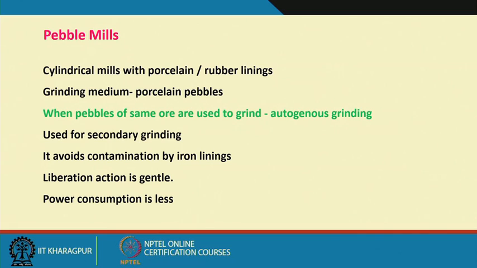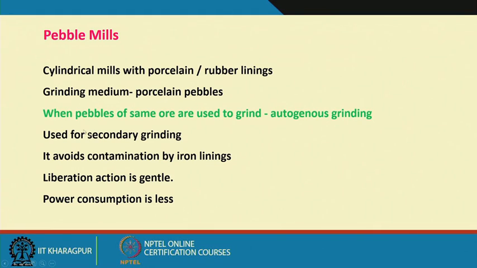In many cases, for example in the pharmaceutical industry, you do not want any contamination, because your industry does not allow it. To prevent that contamination, I have to use either an autogenous grinding mill, or a pebble mill, or maybe a ceramic liner inside.